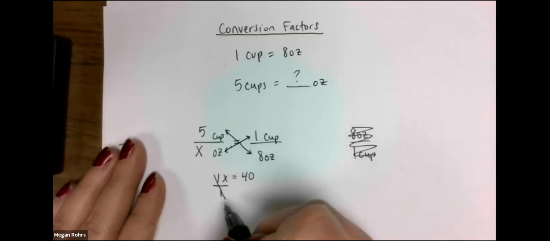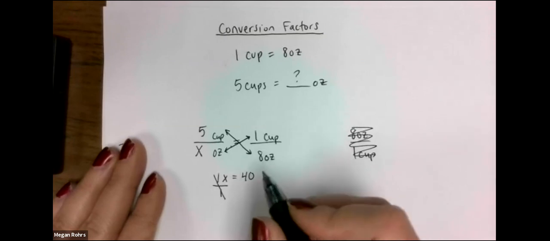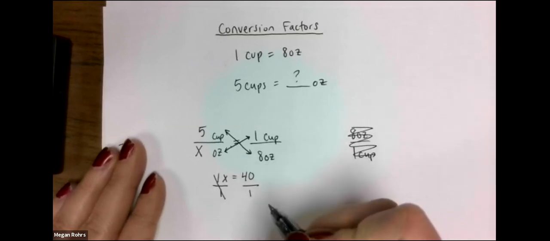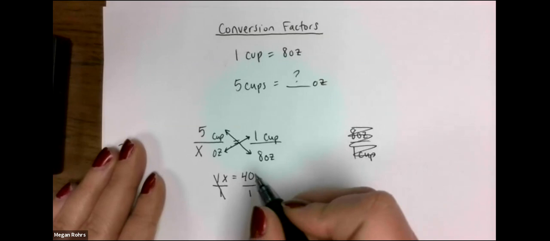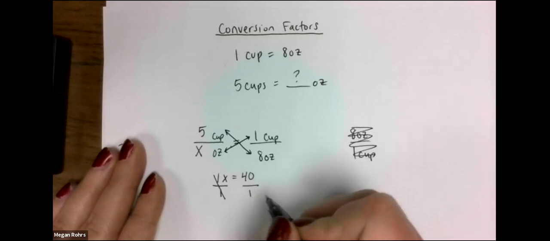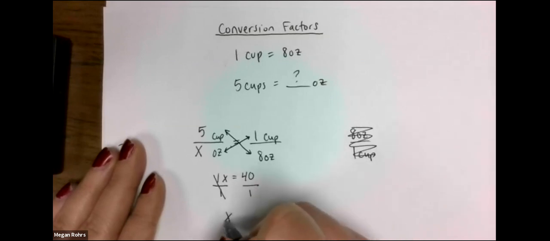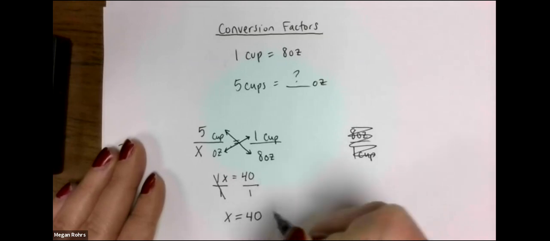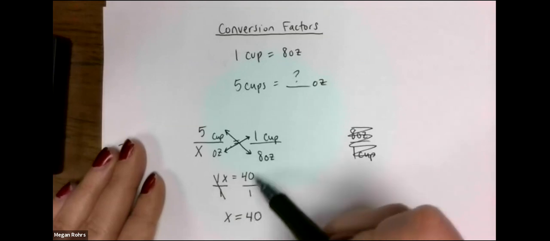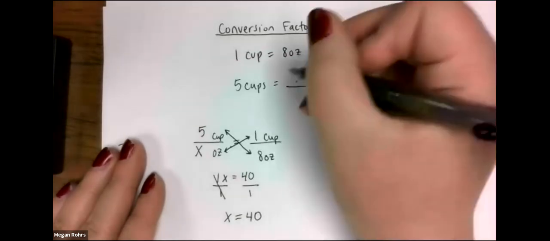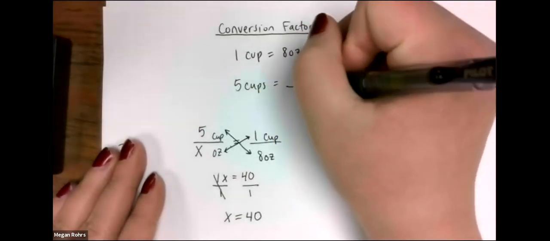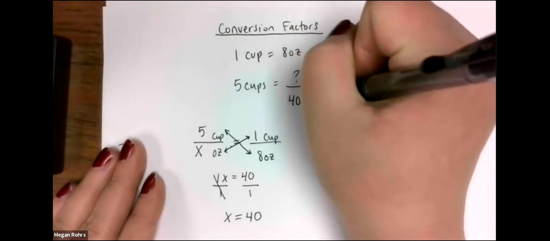But whatever you do to this side, we have to do over here as well. So divide by 1 on this side. 40 divided by 1 is still just 40. So x equals 40. So we just solved for ounces here. So 5 cups is equal to 40 ounces.